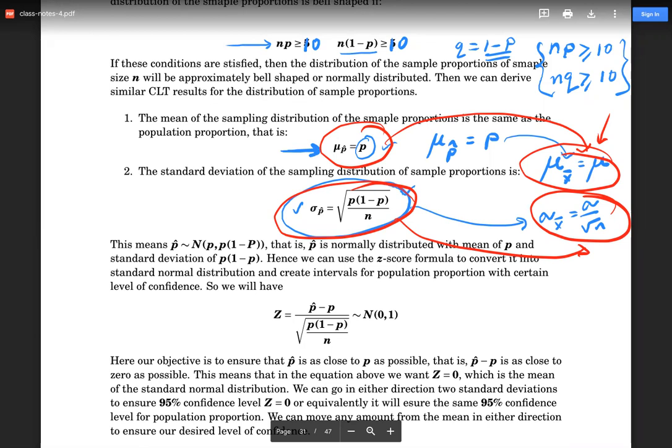So Z is equal to p hat minus p, divided by the square root of p times (1 minus p) over n. That has approximately normal distribution, with mean of 0 and standard deviation of 1. Now, this topic here is a bit advanced, by the way.